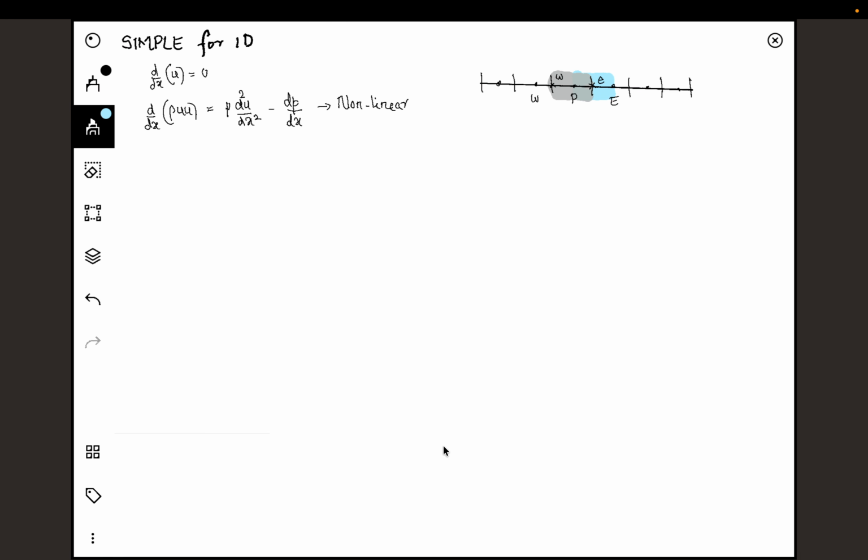The second half cell will be used for the discretization of the momentum equation, and this will be the cell used for the continuity equation, just like what we did in the MAC algorithm. So we'll start with the momentum equation first. The discretization is the same as before, but since it is nonlinear, we first have to linearize these equations.